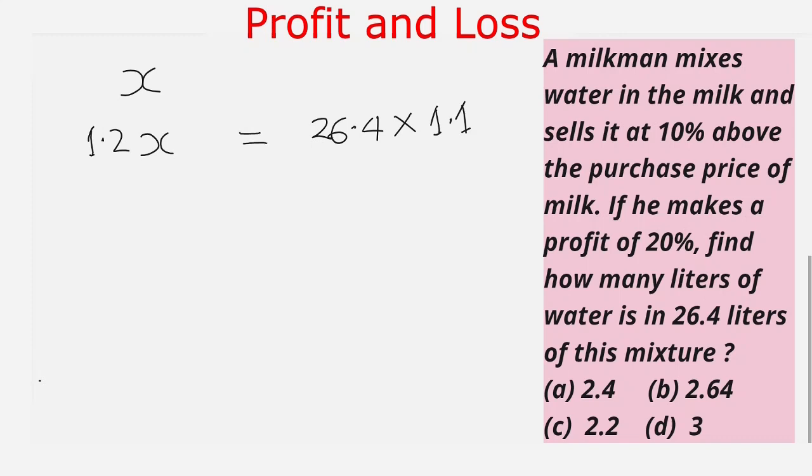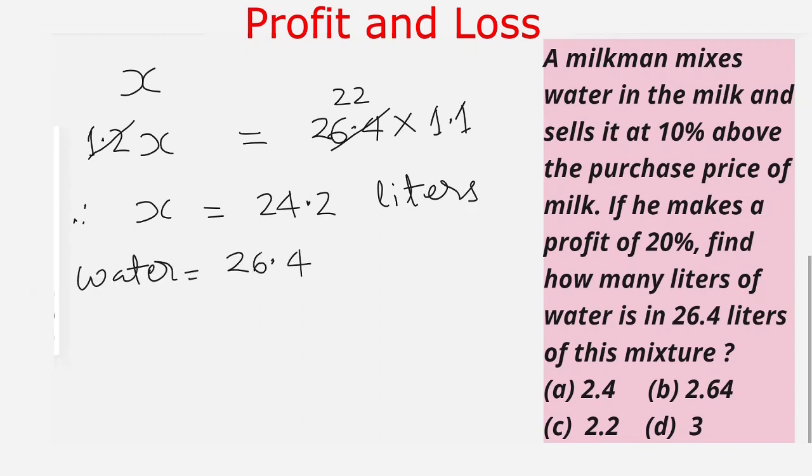Now 1.2 cancels 26.4 for 22 times. Therefore, x is equal to 22 multiplied by 1.1, and 1.1 into 22 is equal to 24.2. Thus, the quantity of milk in 26.4 liters of mixture is 24.2.